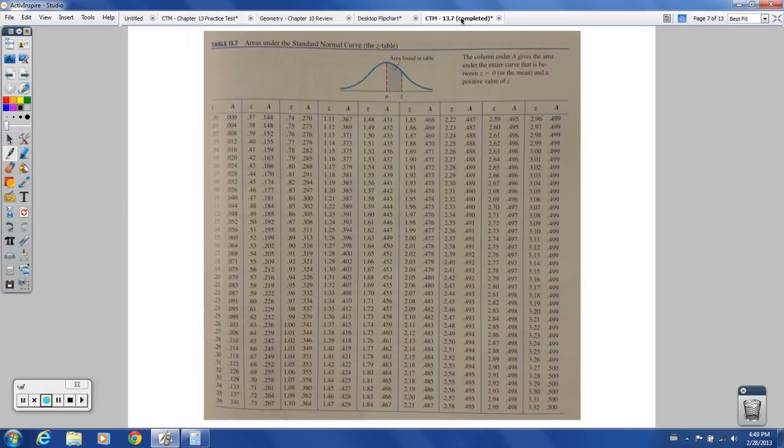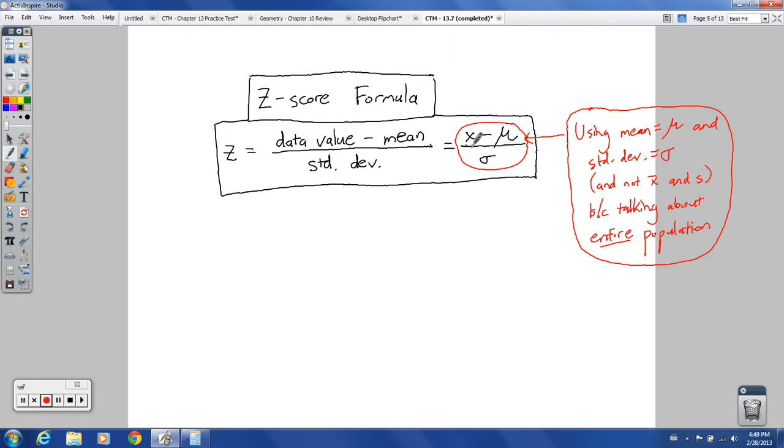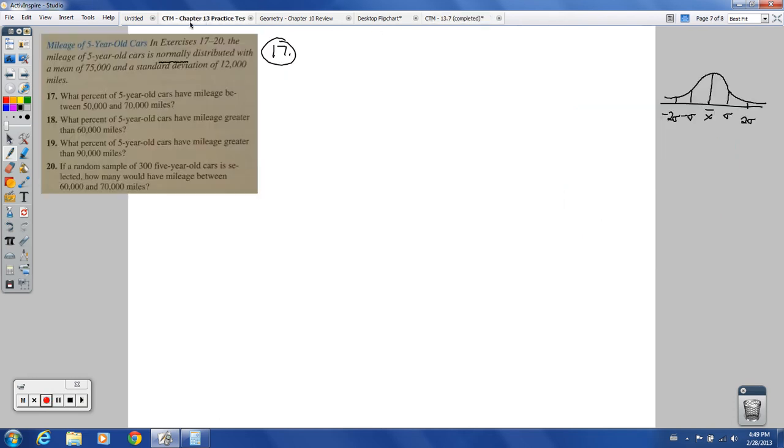Right, so I have the table pulled up here from 13.7. We're going to be using this table. We're going to be using the fact that z-scores are this x, the data value, minus the mean value over the standard deviation. And again, we use mu and sigma now instead of x bar and s because we're talking about an entire population. We're saying the entire set of data fits within this normal distribution style.